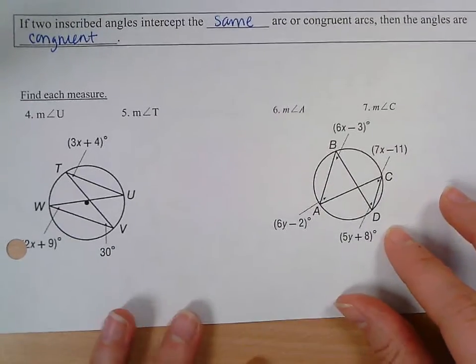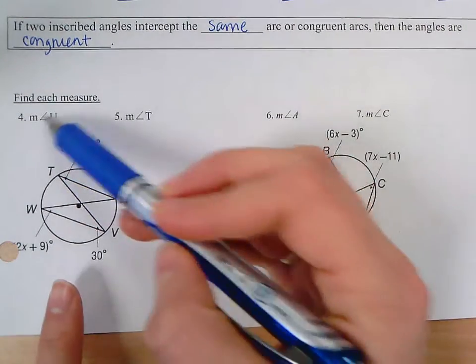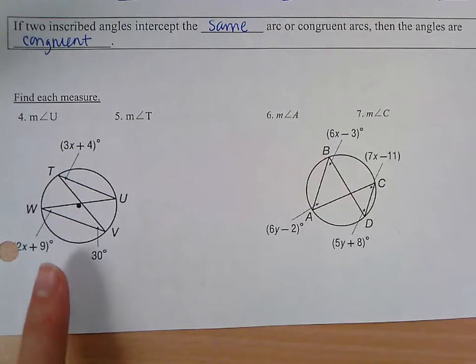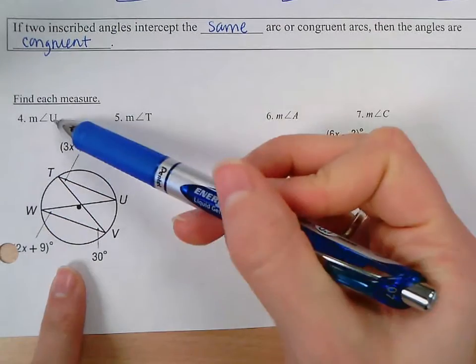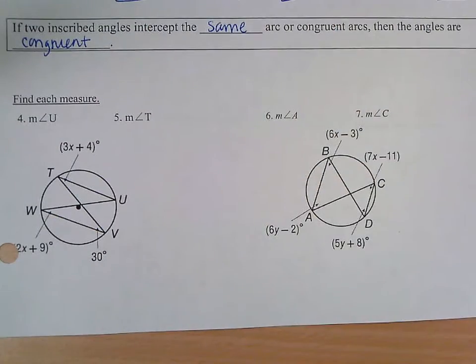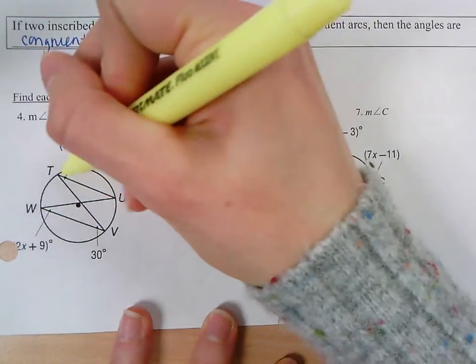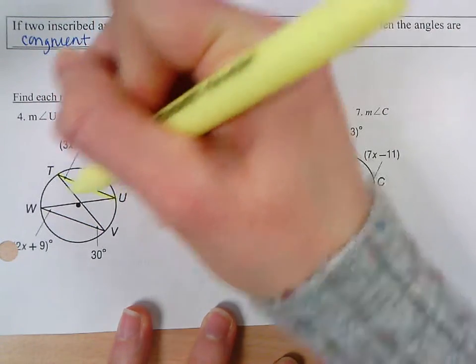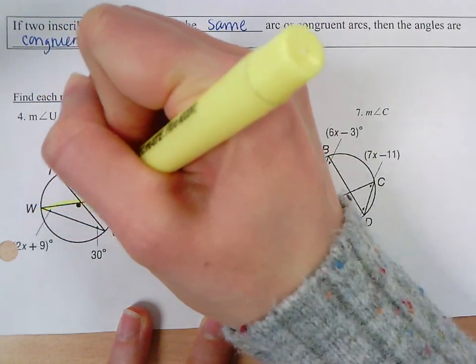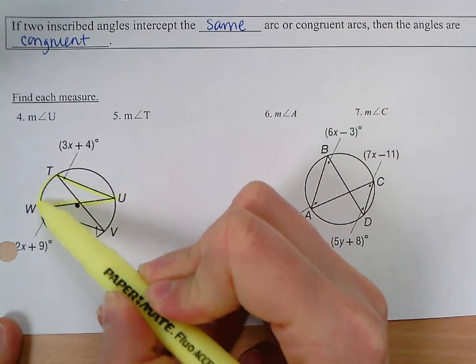To look at examples, actually 4 and 5 go with this first circle here. So 4 is having us find the measure of angle U. I can see that U is an inscribed angle because the vertex is on the circle, and the arc that it intercepts is arc WT.